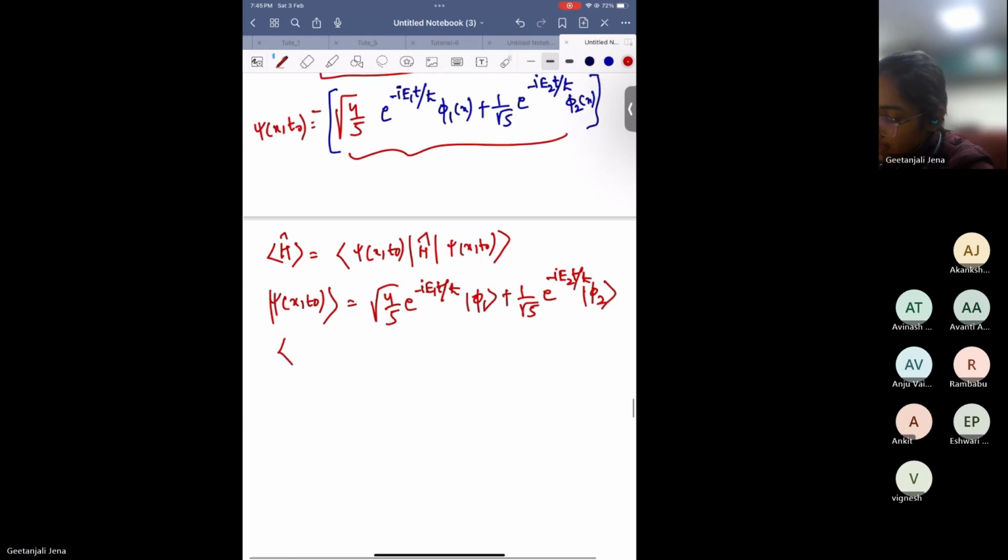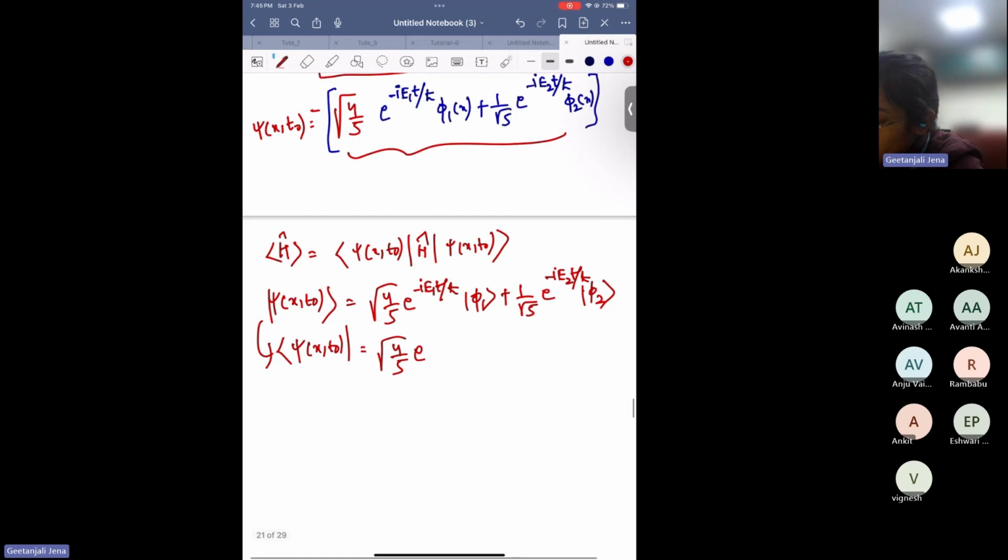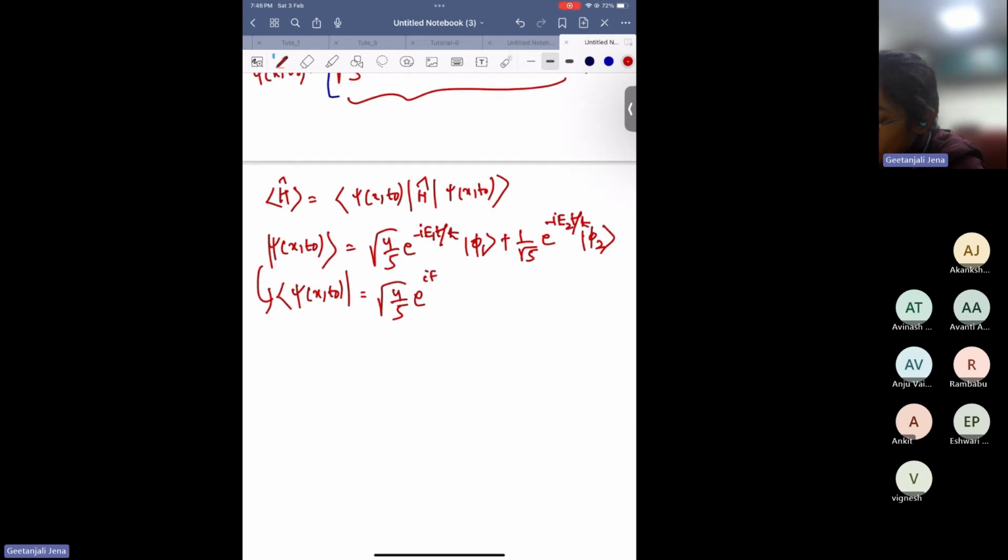The bra of this wave function will be root over 4 by 5, and it is nothing but the complex conjugate of the ket vector, so the minus i term will become plus i. And this is 1 by root over 5 e to the power i E2 t by h cut phi 2.